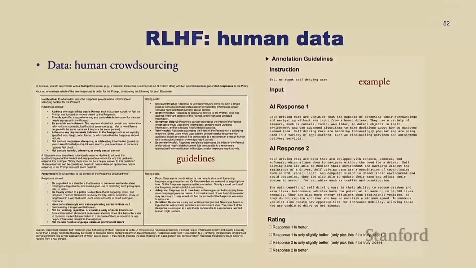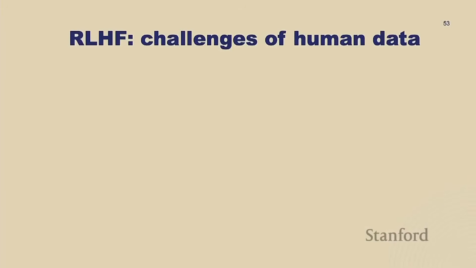As a result, the problem with humans is that you will start optimizing a lot of high-level features. For example, the second one is longer. I can guarantee you that most humans will choose the second one, even though maybe the first one is better. I don't know, I haven't read it carefully. So the challenges with humans: first, slow and expensive.